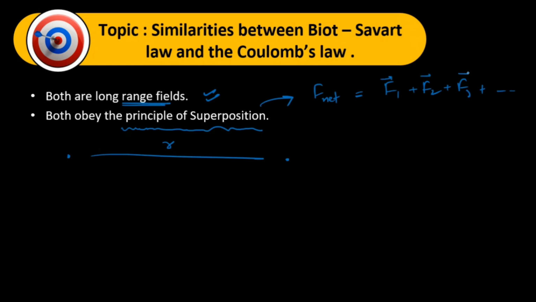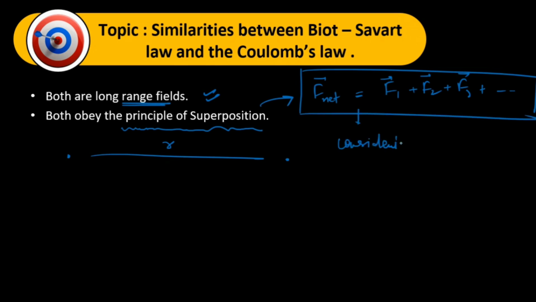How? Vectorially. We have to add them vectorially, considering the angle between them, because these are vector quantities, and whenever we are solving them, we have to consider whatever angle is there between them in order to find out the net force or net field.